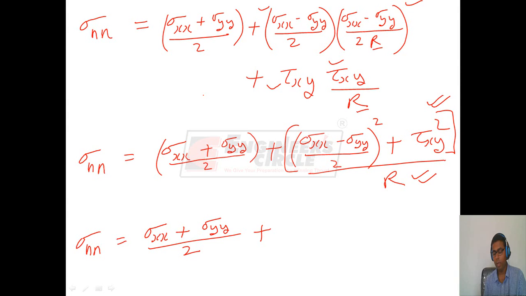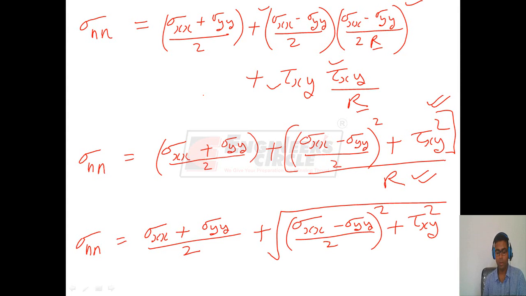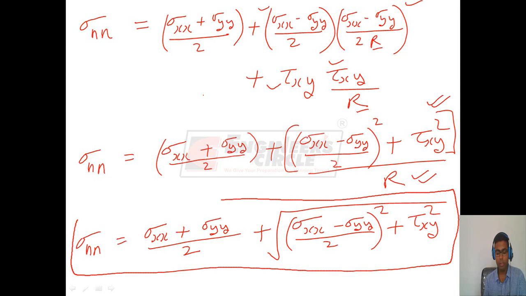So putting the value of r, we get the square root of (sigma xx minus sigma yy) by 2 entire square plus tau xy square.